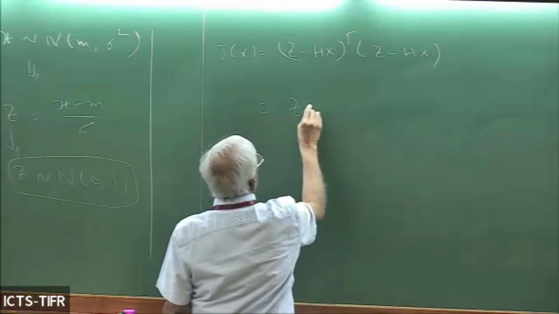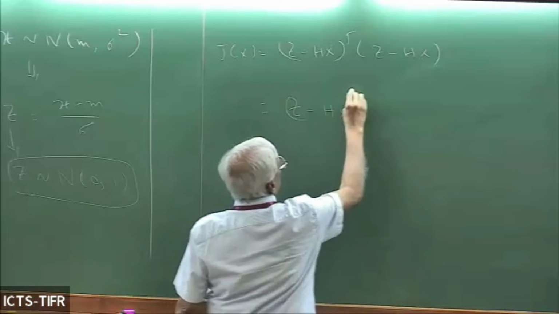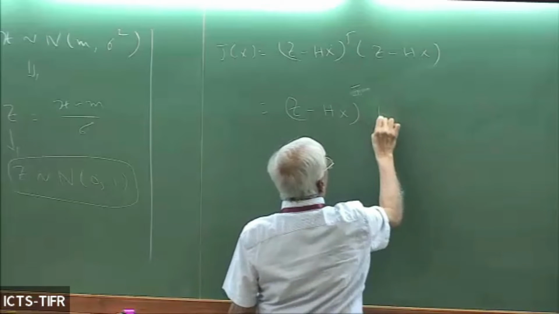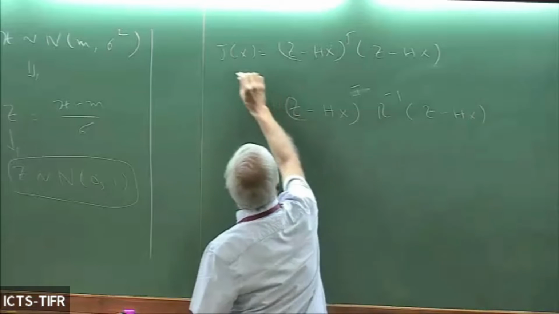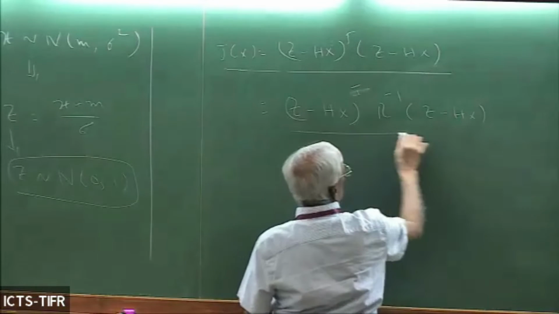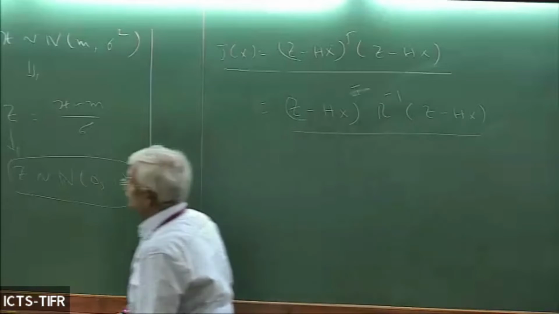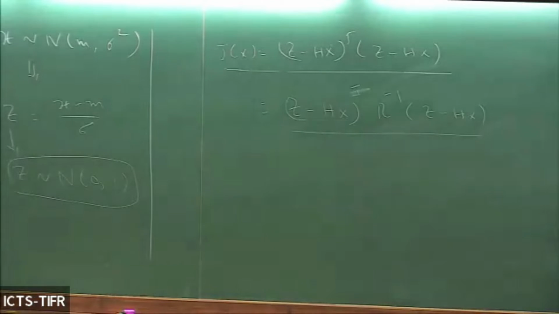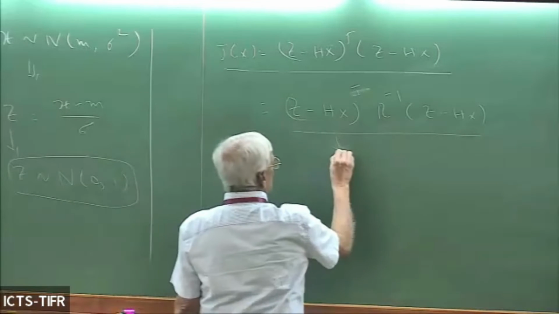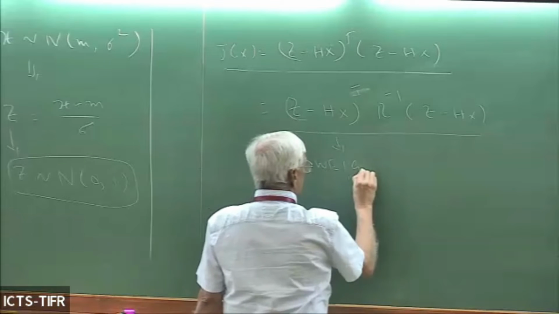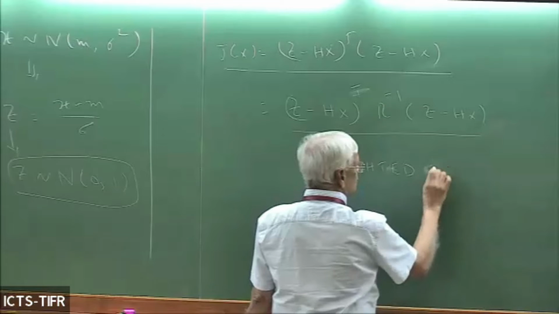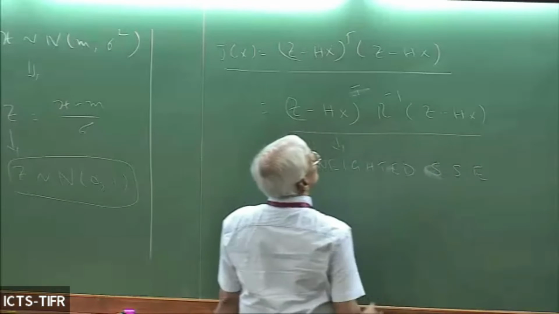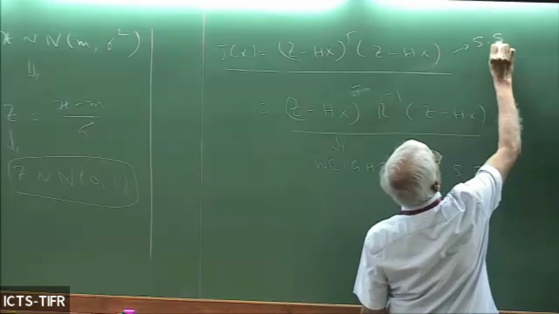Today I'm going to have z minus h of x transpose, R inverse, z minus h of x. Many of you, when you read papers, may have seen expressions of this kind. What is this R? This R is the inverse of that R. So this is called the weighted sum of squared errors. This is simply the sum of squared errors.